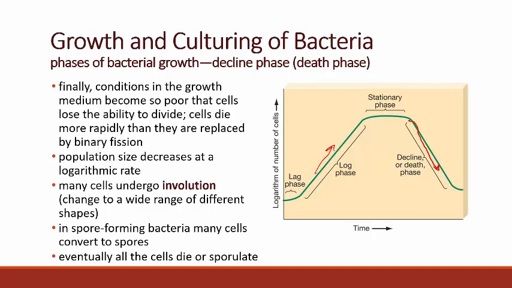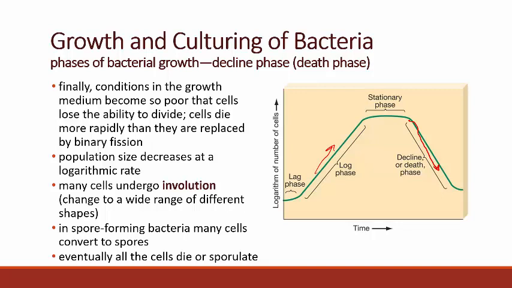And there are some interesting things that happen in the colony over time. One is that the cells undergo a change in their shape called involution. So as the conditions in the colony degrade, we start to see changes in the shape of the cells and in their staining qualities too.